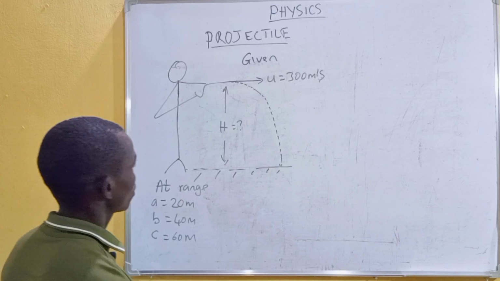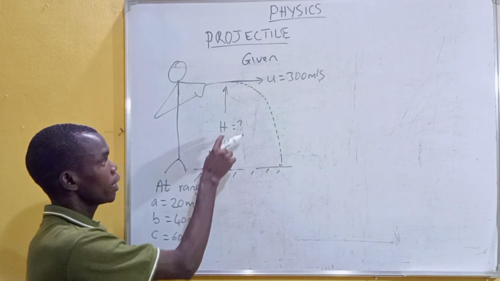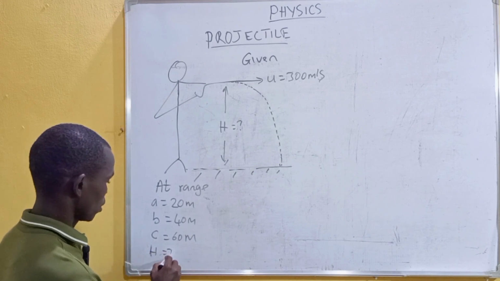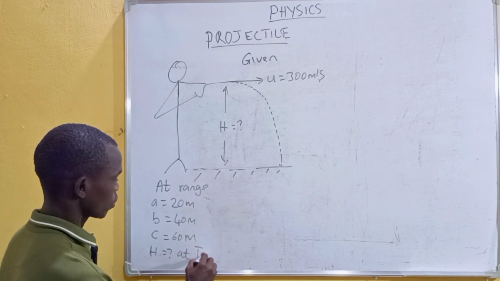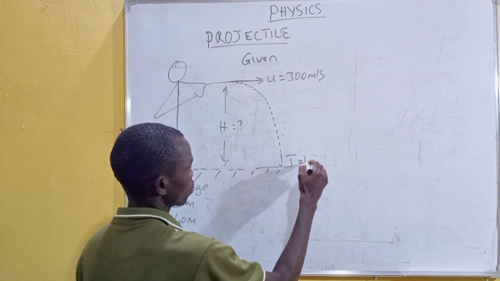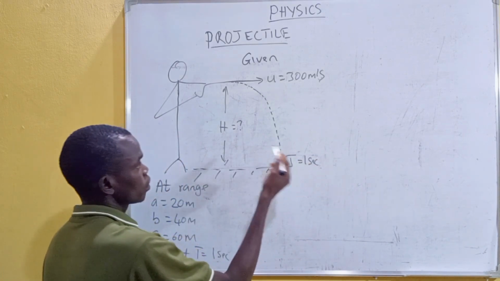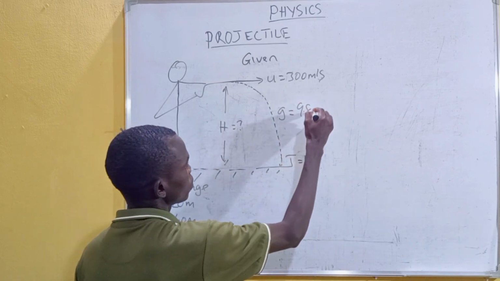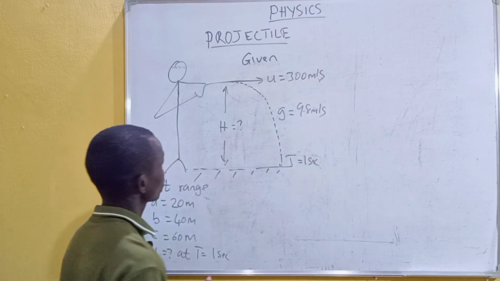And we are also asked to calculate the height at time equals 1 second. That is, time of flight is equal to 1 second. Let's take g to be equal to 9.8 meters per second squared.